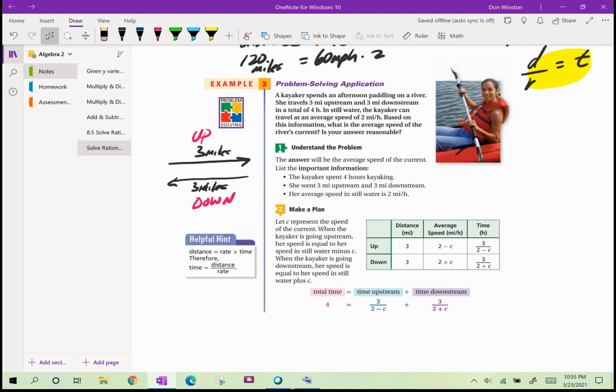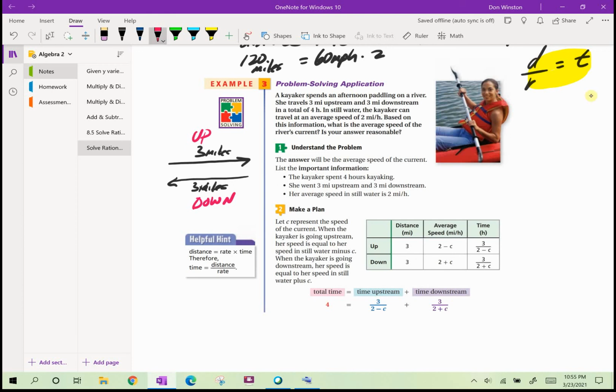So the distance upstream is 3 miles. Now, if you're traveling upstream, you're traveling against the current, so your rate or your speed is going to be lower. If you've ever ridden your bike into the wind, you know your rate is going to be a lot less than riding your bike with the wind behind your back.